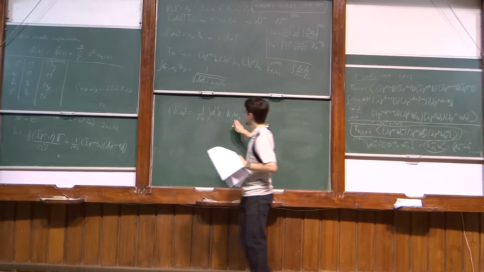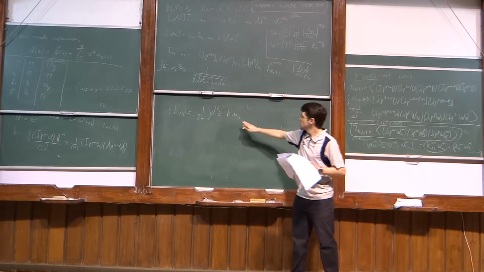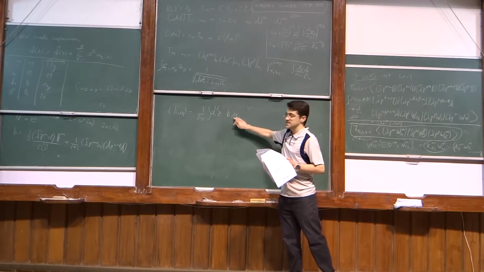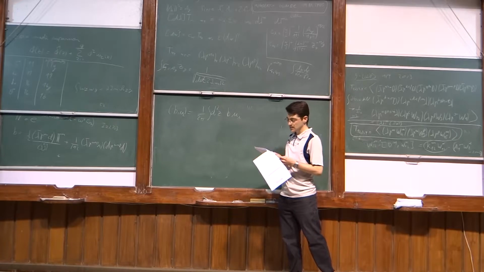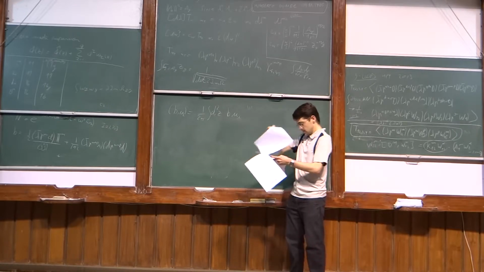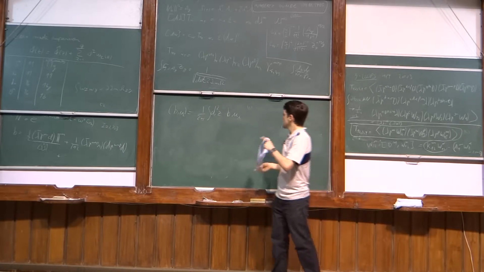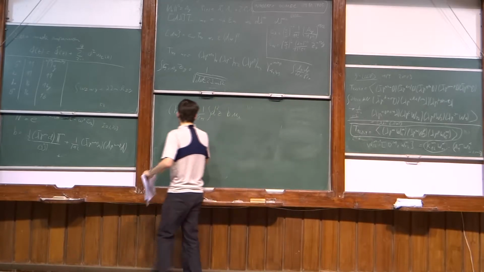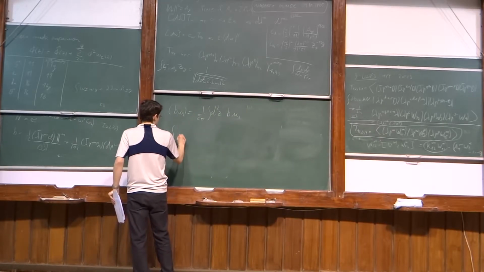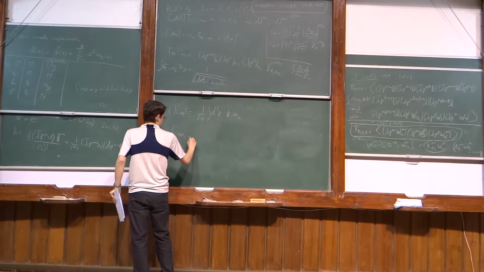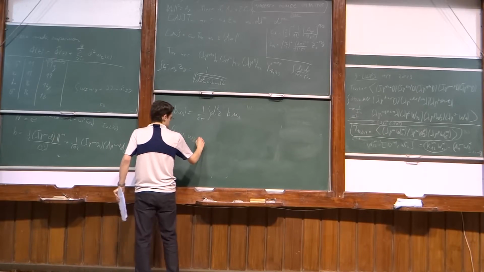And fortunately, you don't really need to know the precise parameterization of the Beltrami differential, because in the end, we are going to get rid of the Beltrami using a formula that looks like this.